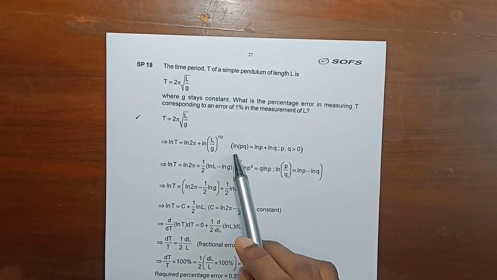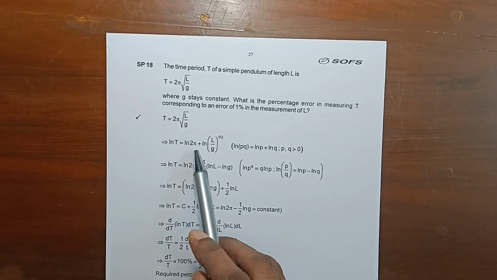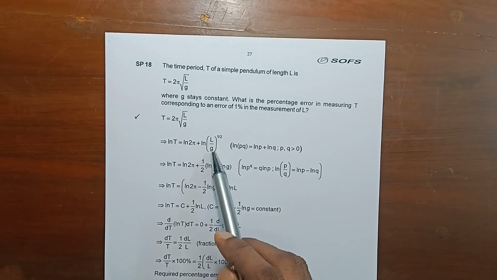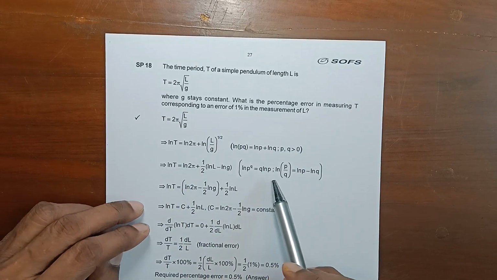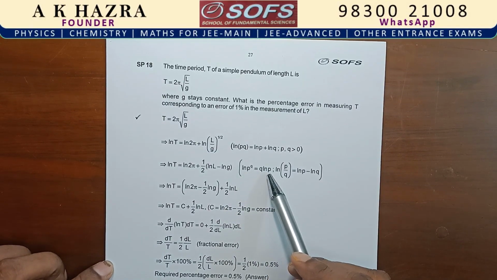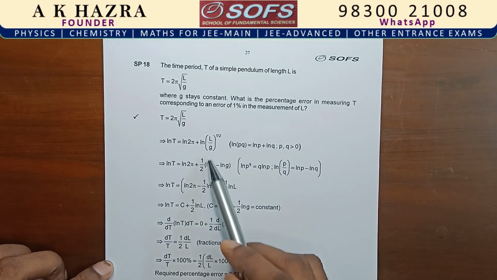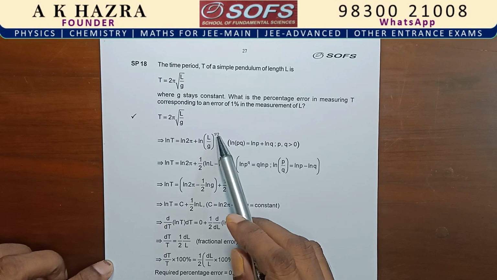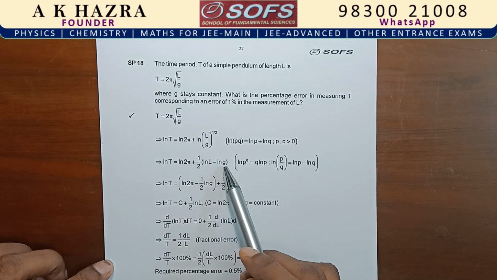So ln pq is equal to ln p plus ln q, that I have written: ln 2 pi plus ln of L by g to the power half. Root over L by g means L by g to the power half. Then another property: ln p to the power q is equal to q ln p, and ln p by q is equal to ln p minus ln q. That I have applied here. Half will come here, half ln p by q means ln L minus ln g.